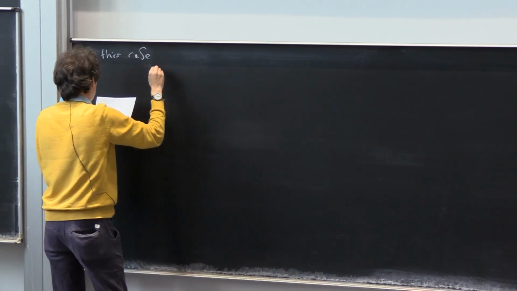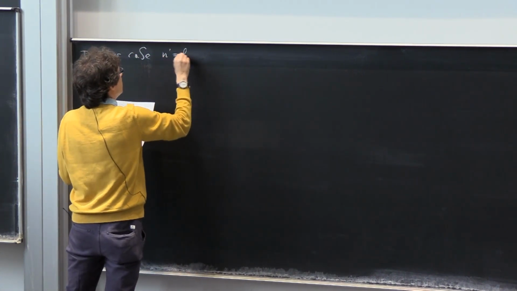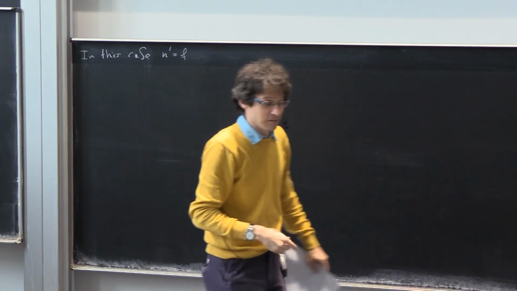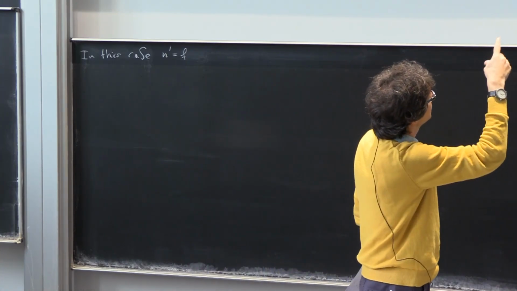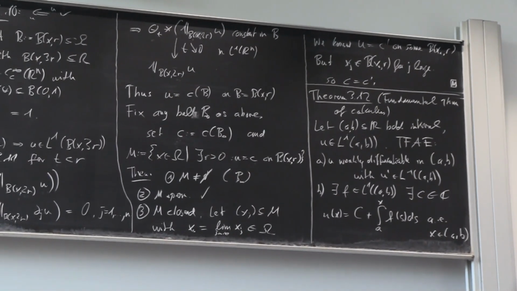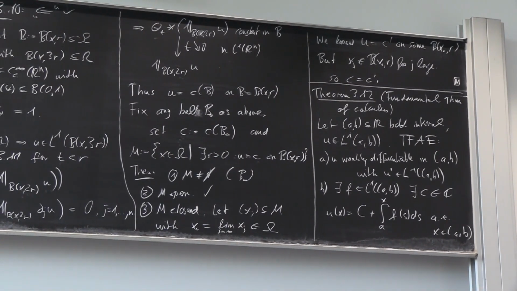In this case, u prime and f are the same. And then it's really what you are accustomed to as the fundamental theorem of calculus: u is some constant, so u of a usually, plus the integral from a to x of u prime of s ds.